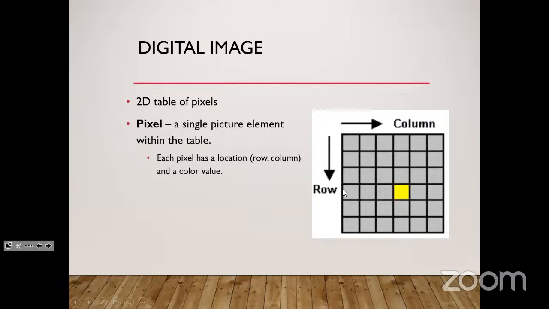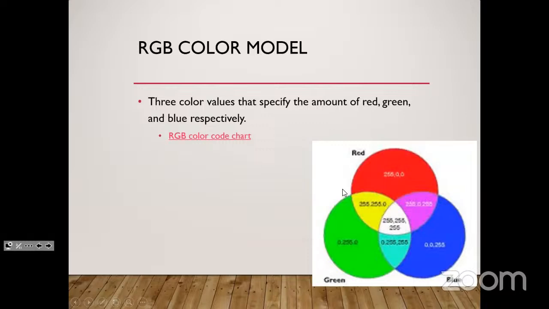Now we're going to talk a little bit about colors having to do with pictures too. Colors in pictures are defined by the mixing of the red, the green, and the blue. There's a reason when you see monitors and it says RGB values. The RGB is red, green, blue.